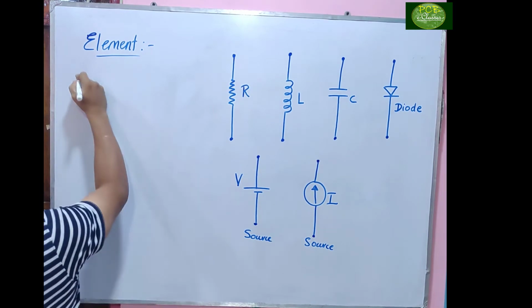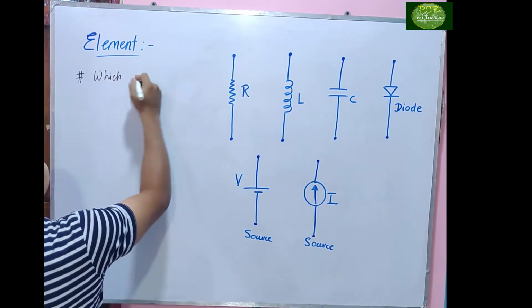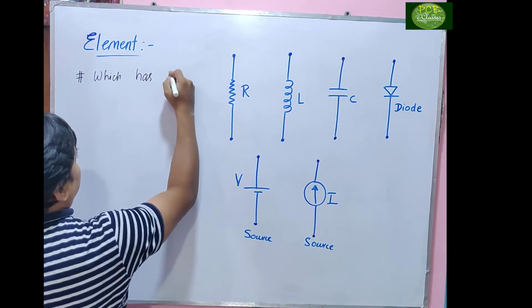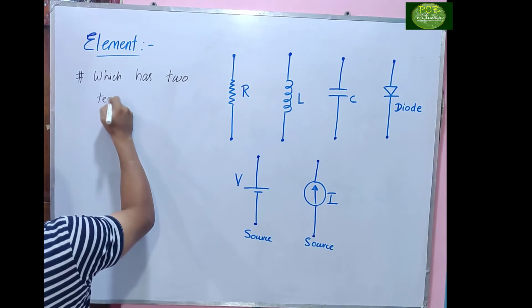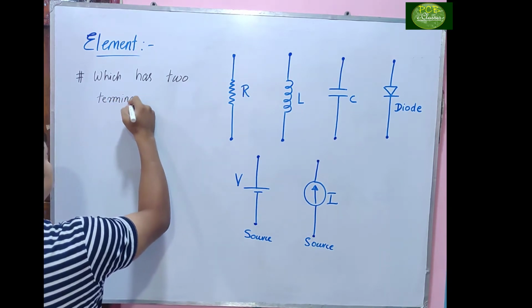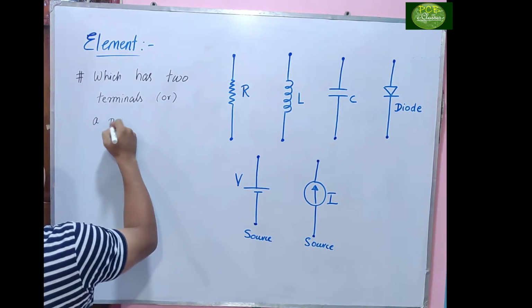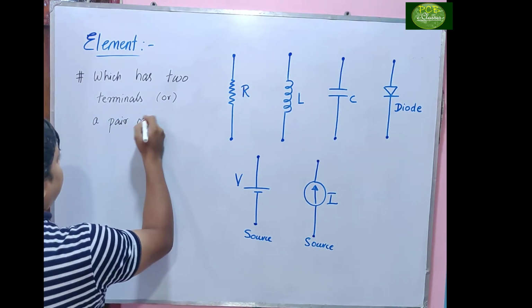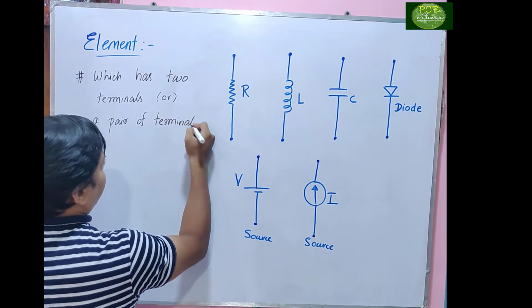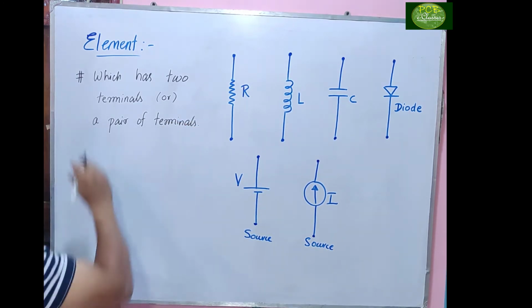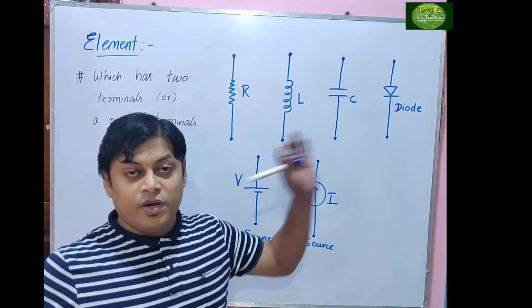Element is that which has two terminals or a pair of terminals. That will be said as element. So these are the certain examples of the element.